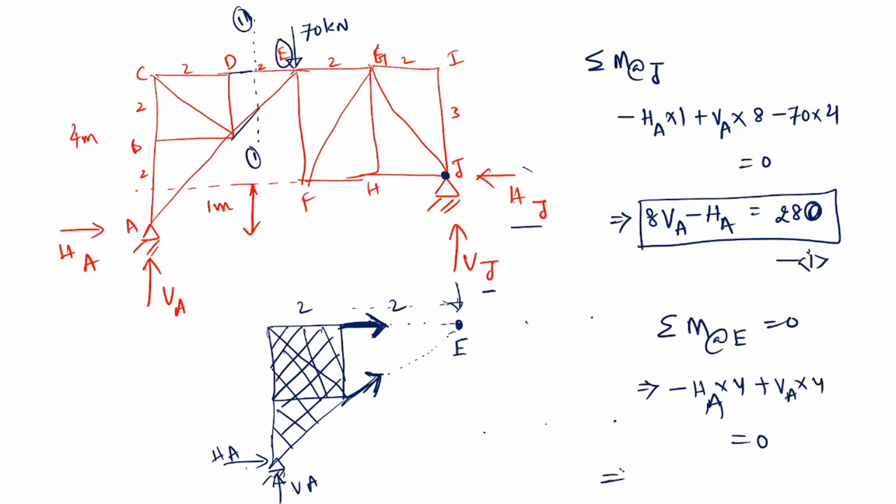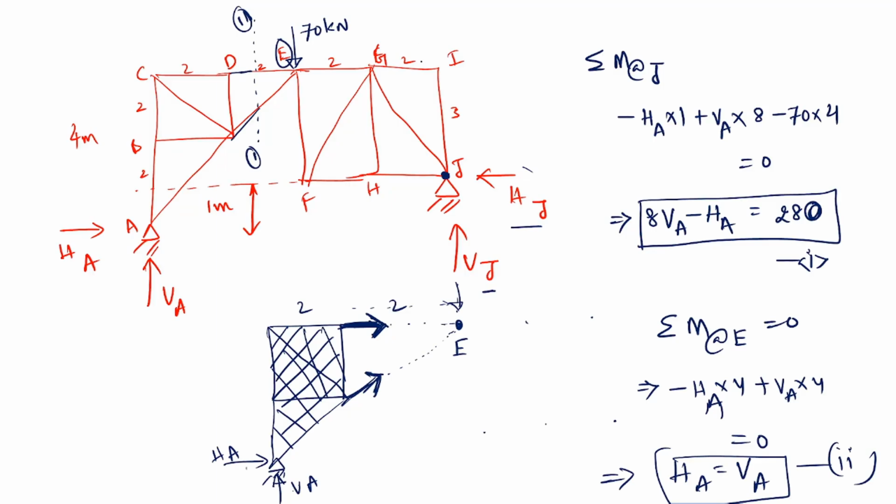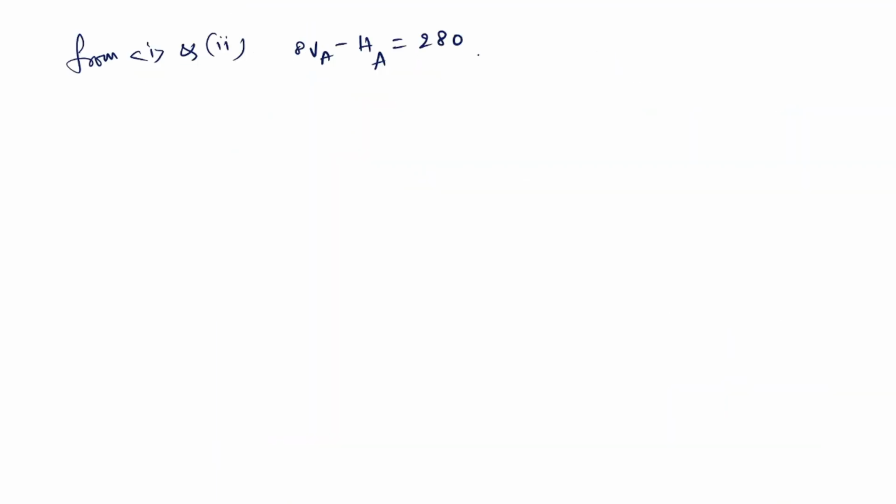Now from this I can write HA equal to VA, right? This is equation 2, because 4 cancelled and minus HA plus VA equal to 0, so HA equal to VA. Now from 1 and 2, what can we do? From 1 and 2, 8 VA minus HA equal to 280 and VA equal to HA.